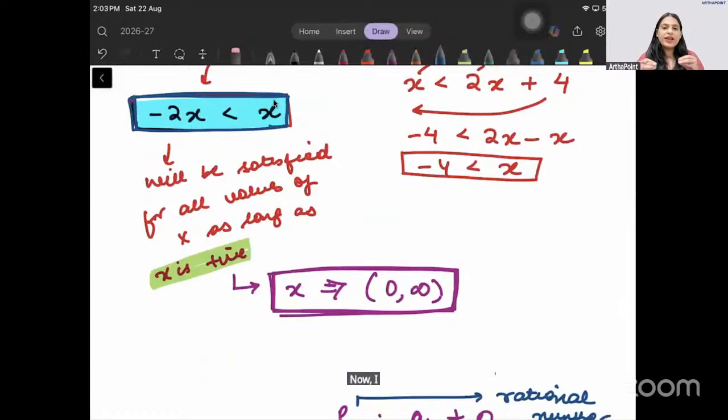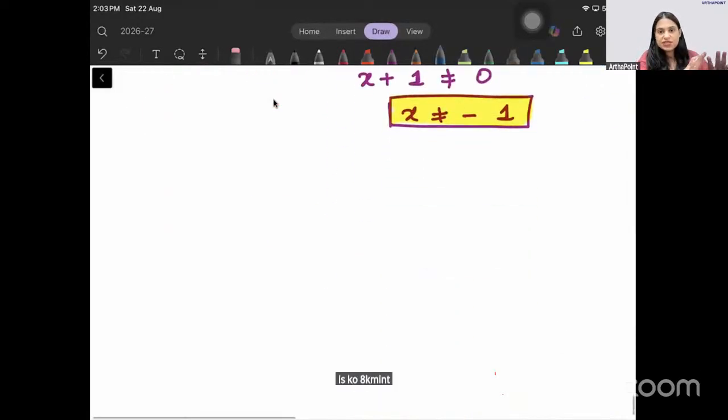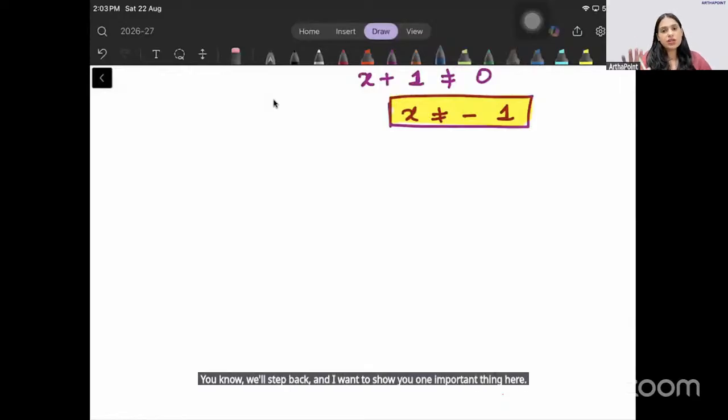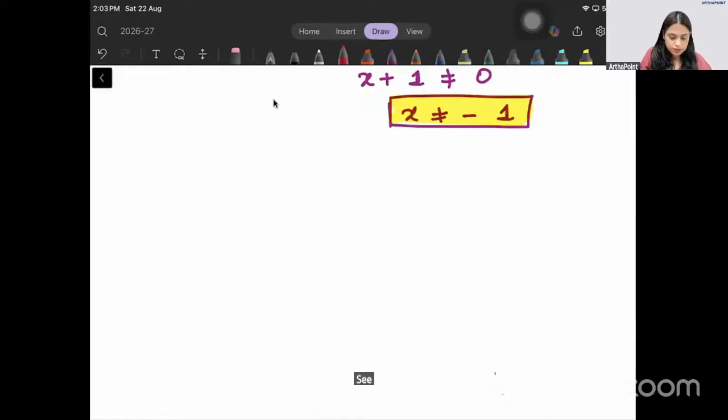Now, I want to step back for a minute and show you one important thing here. बहुत ध्यान से सुनना मेरी बात को. See, write down.